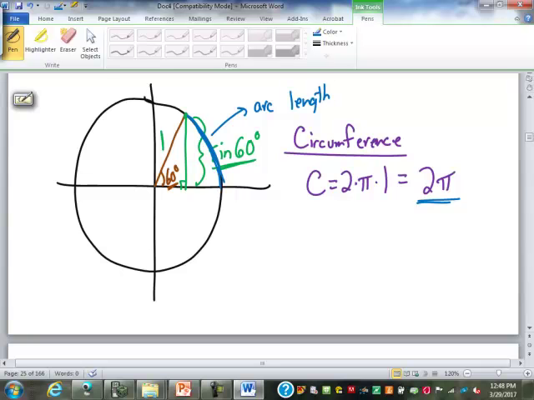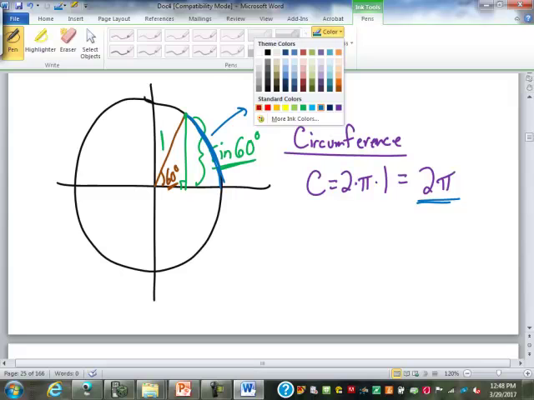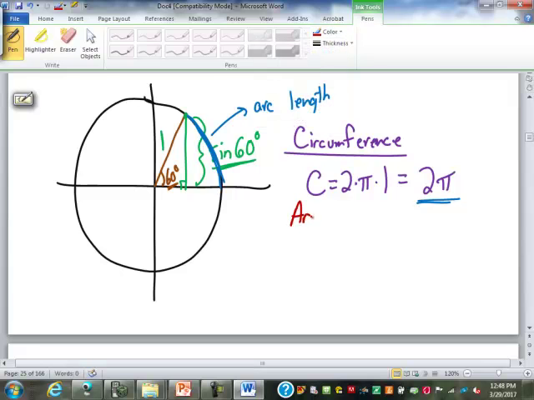That's the whole circumference. The arc length is then found by taking that circumference times the fraction of the circle.